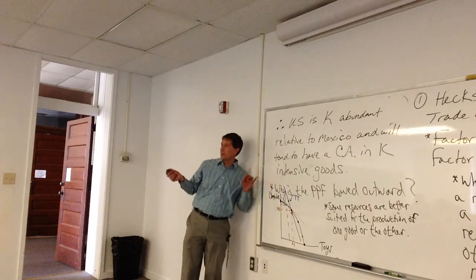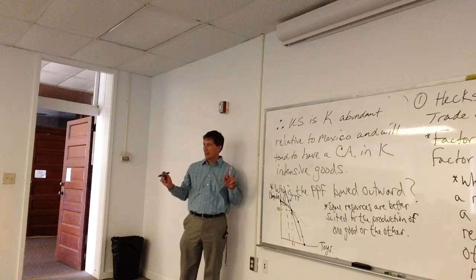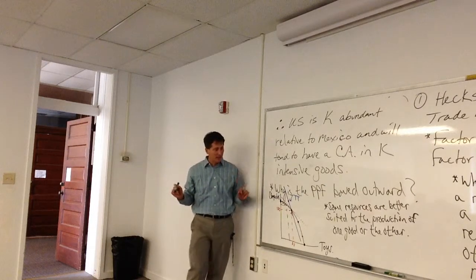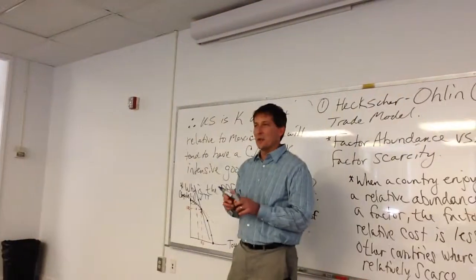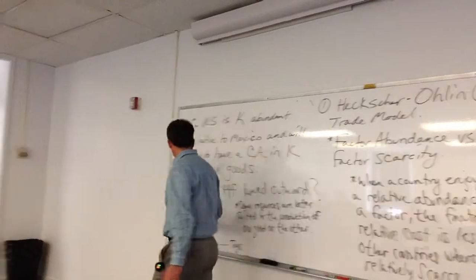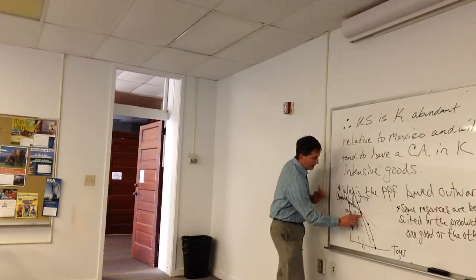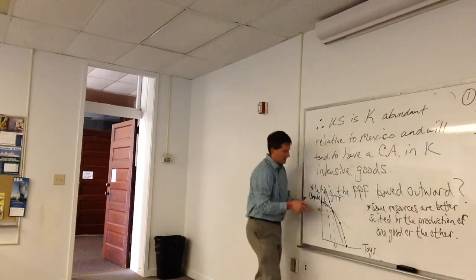But what would even be better is to do what? How could we even do better than that? Right. John said the right thing. So we're producing currently at point A. What could be better?